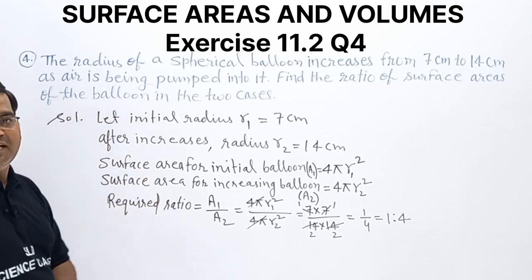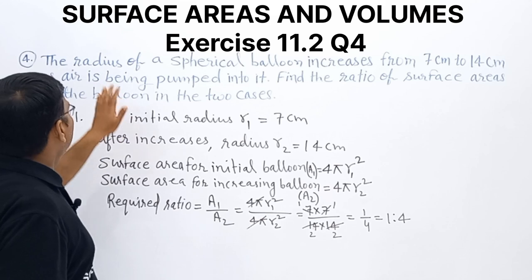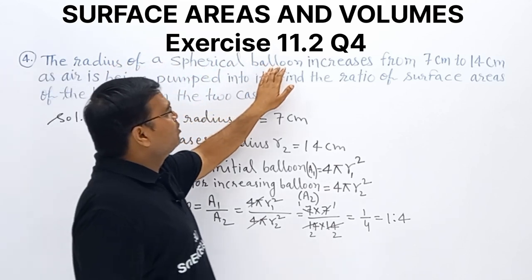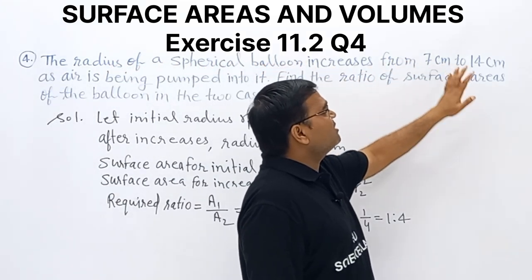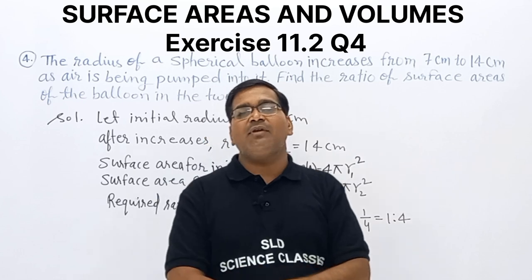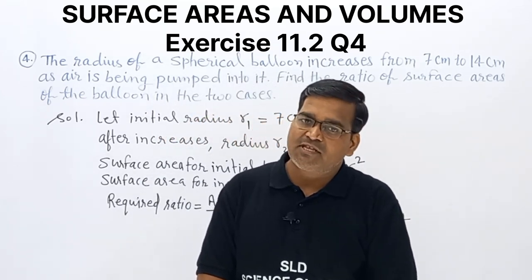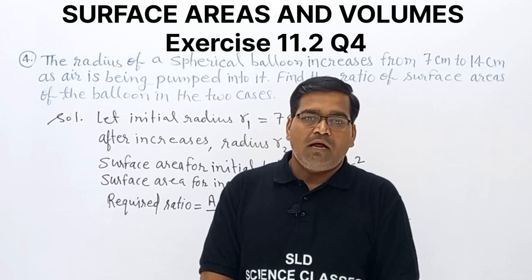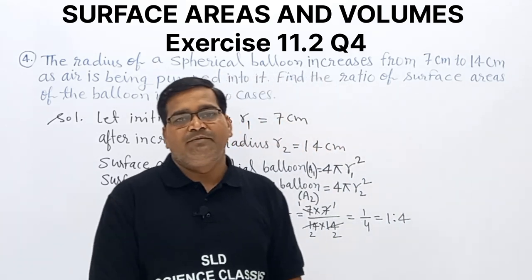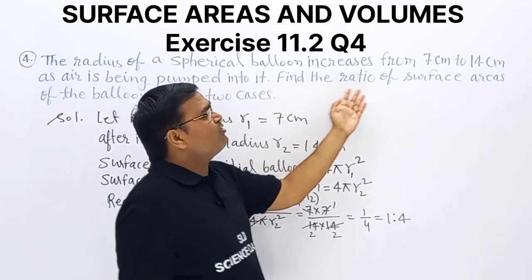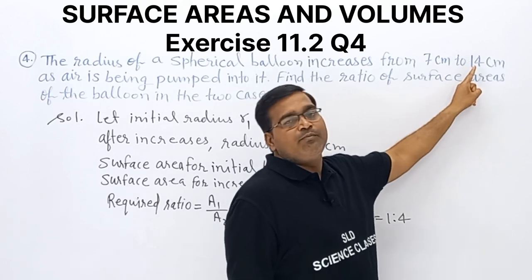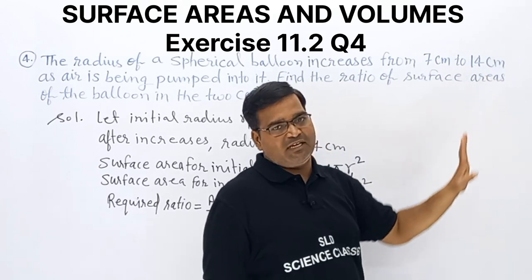Clear? Observe again what we are doing in this question. The radius of a spherical balloon increases from 7 centimeter. Initially we have a balloon and its radius is 7 centimeter. Now we pump air, then the radius of the same balloon increases to 14 centimeter.